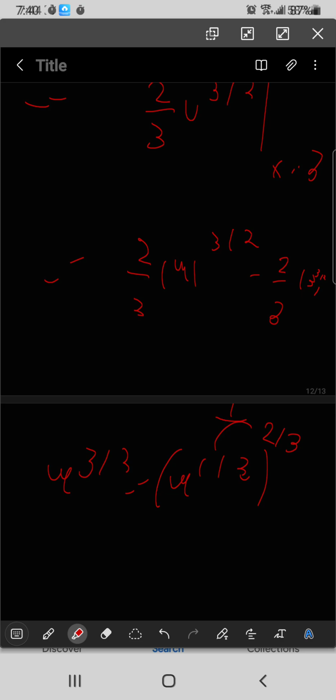But wait, 3 halves, so 1 third. Okay, so basically we have 4 to the 3 halves. No, just give me one second, sorry.